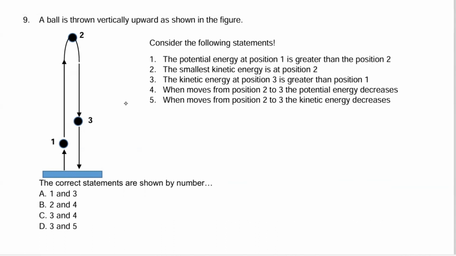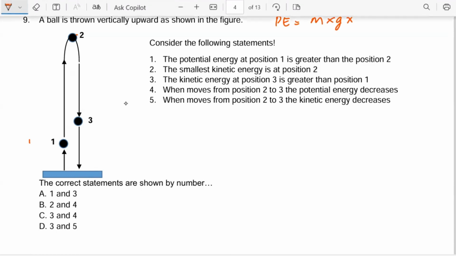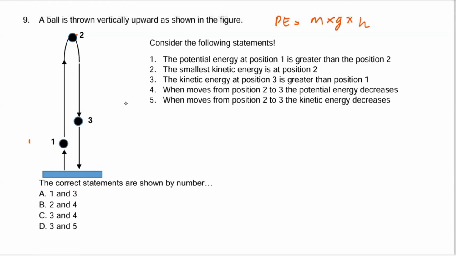Okay, we check one by one. Statement 1, the potential energy at position 1, so the PE at 1, is greater than at position 2. Of course, no, because position 2 has a higher position. And when we're talking about the potential energy, it's actually mass times gravity times h. So the one that's higher is going to have a bigger PE, right?